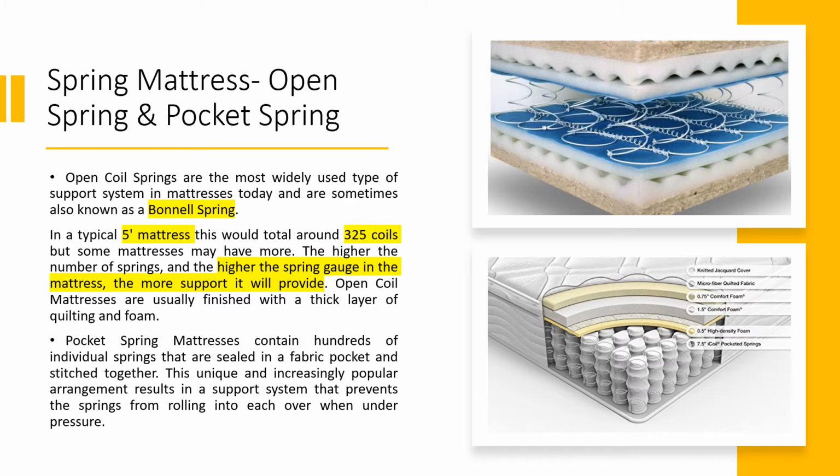Pocket spring mattresses contain hundreds of individual springs that are sealed in a fabric pocket and stitched together. This unique and increasingly popular arrangement results in a support system that prevents the springs from rolling into each other when under pressure.